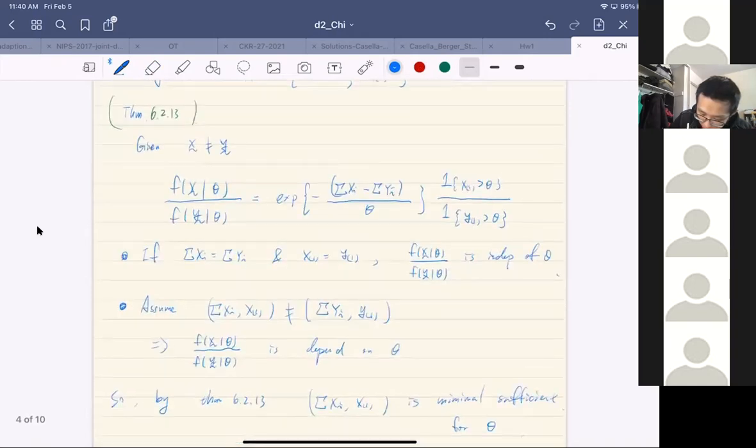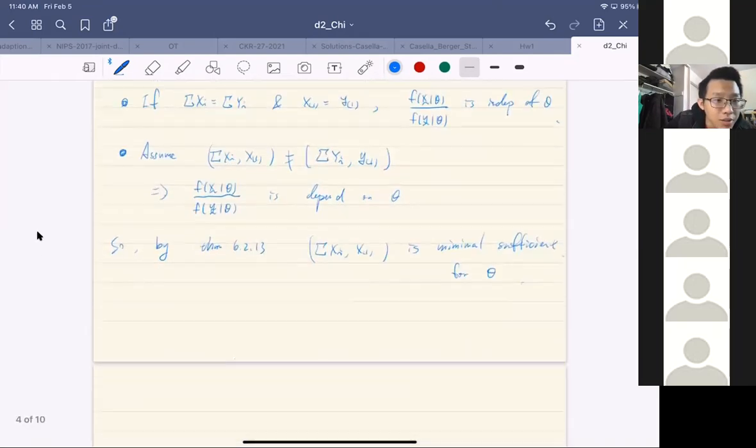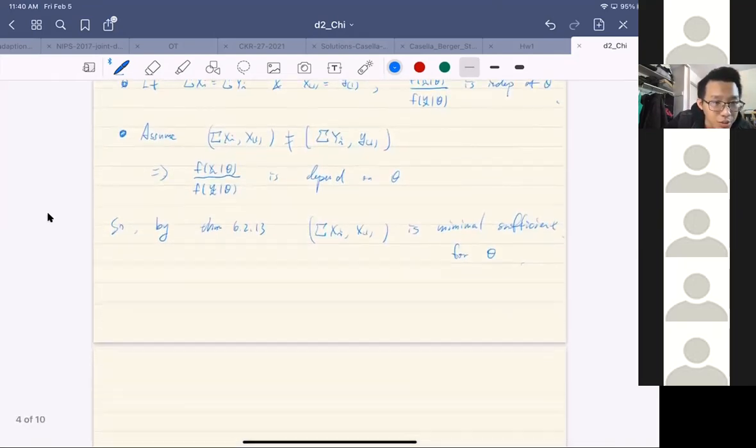But why is it minimal sufficient? Yes, the order statistic is minimal sufficient.